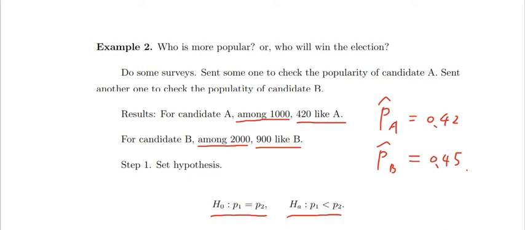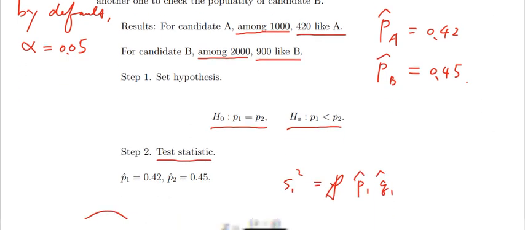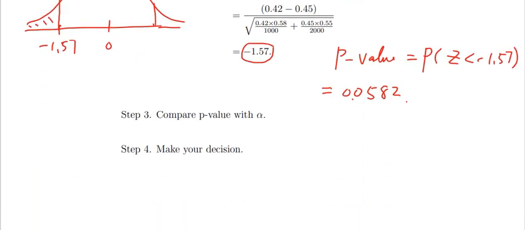If we do not specify the significance level, then by default we set alpha as 0.05. If we have a significance level, we use that; if not, we use 0.05 by default. So with alpha 0.05, this p-value is larger than 0.05.